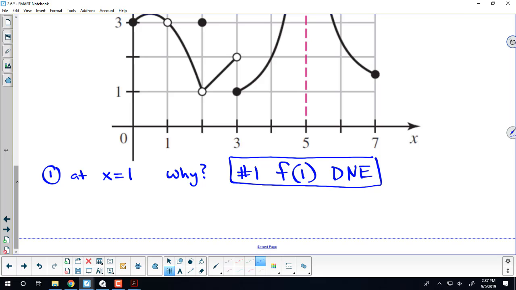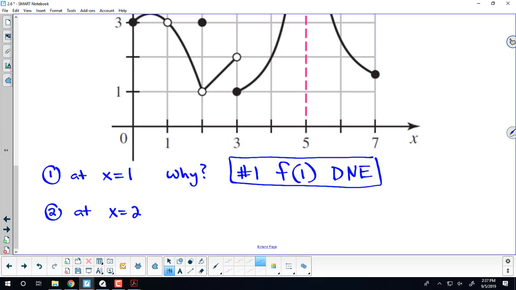Okay, where else? X equals 2. Why is the function not continuous when x is 2? Right. So we see that the function does exist at 2, and that value is 3.